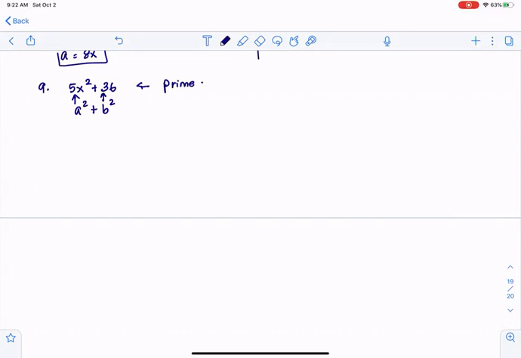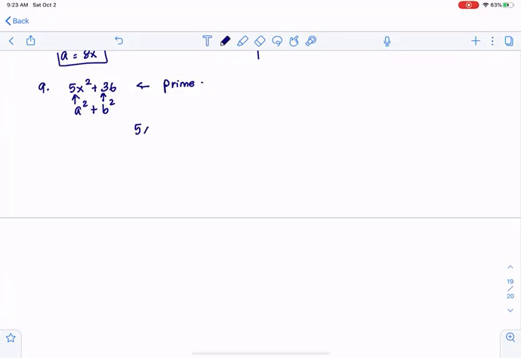Now, earlier I didn't get into detail as to what prime is. And I kept saying, as long as you cannot factor a trinomial in terms of real numbers, the trinomial is prime. What does it actually mean? This problem is a good one to explain what prime means.